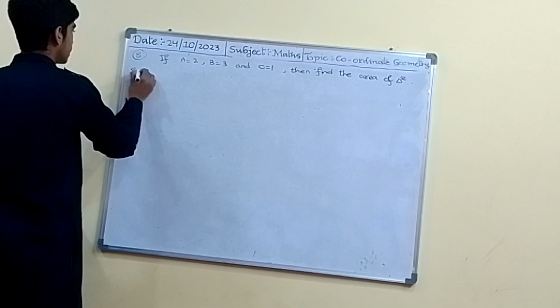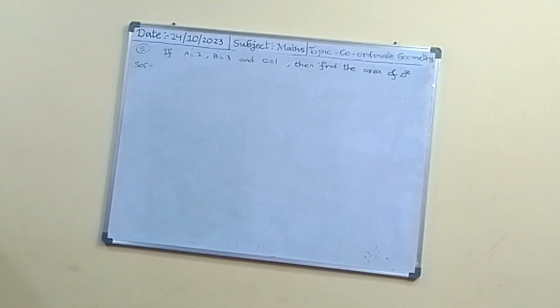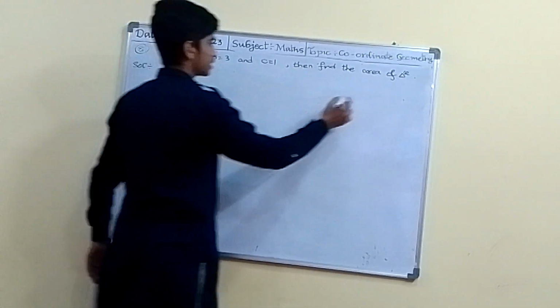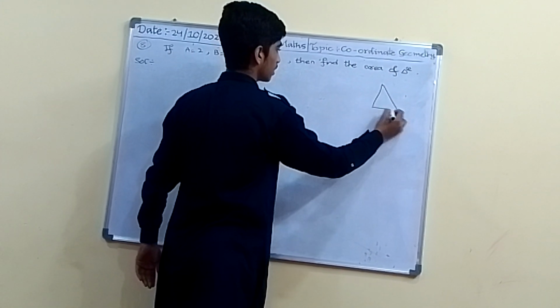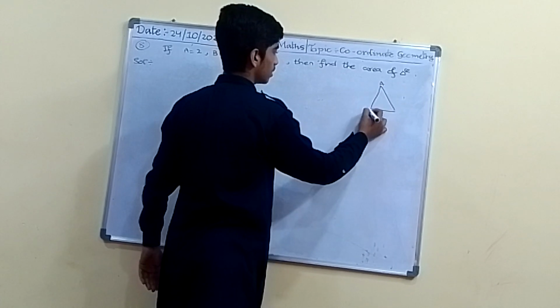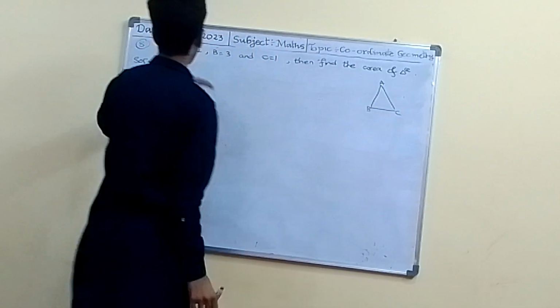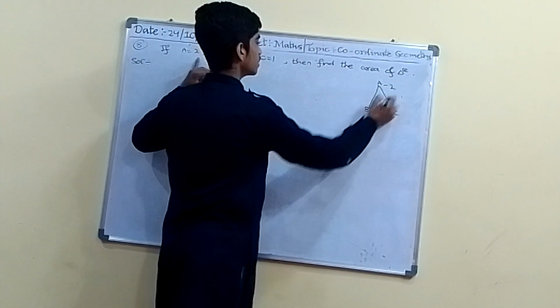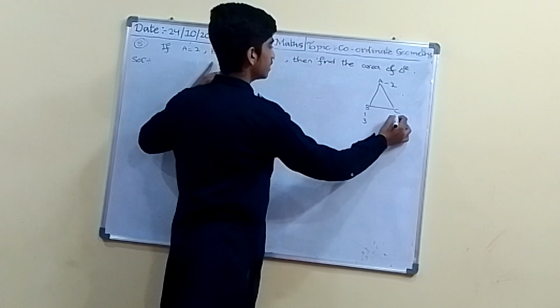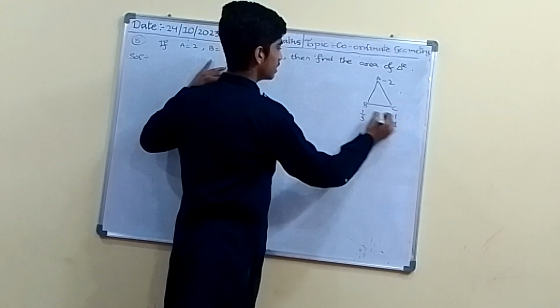These three are the sides of the triangle. It means we have to take a triangle with sides A, B and C. What is A given here? 2. B is 3 and C is 1. These are the 3 values given.